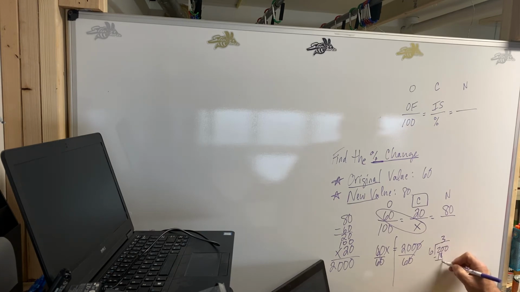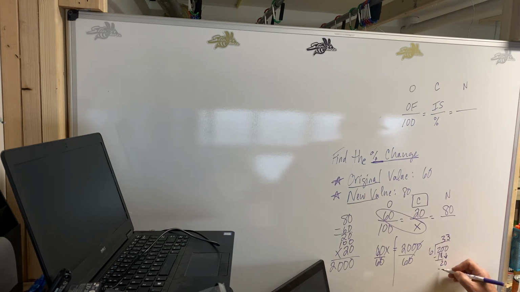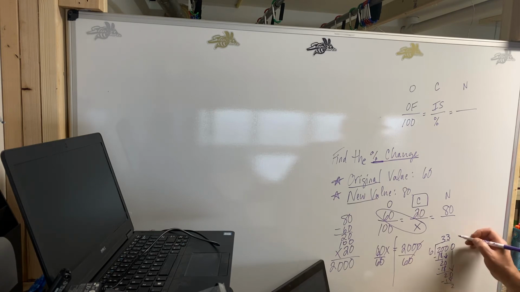I subtract, I get 2, bring down my 0. I'm stuck in the same situation I was just in, right? So 6 goes into 20 3 times, 18, bring down another 0. You can see that I'm going to continue getting the same thing all the time.